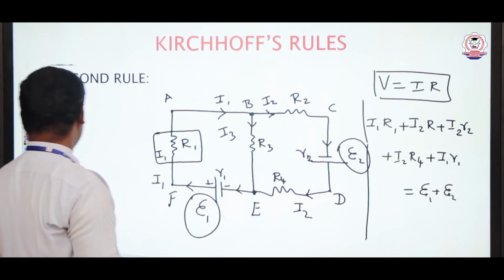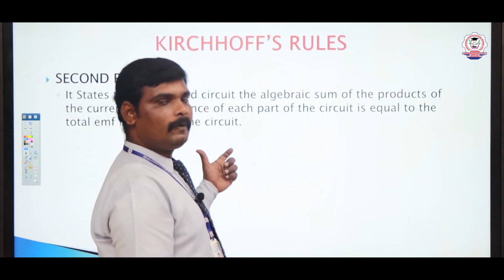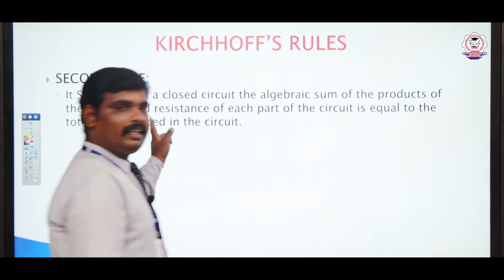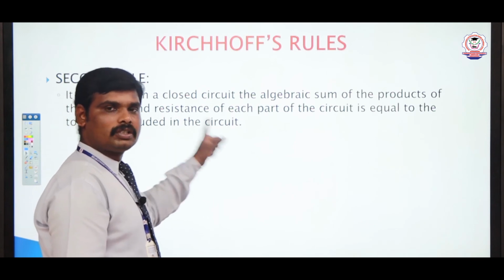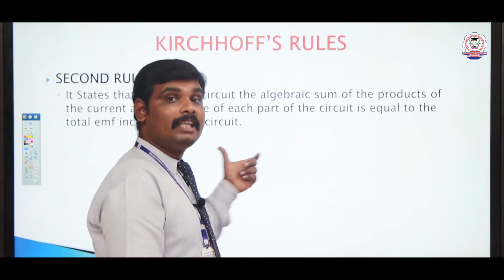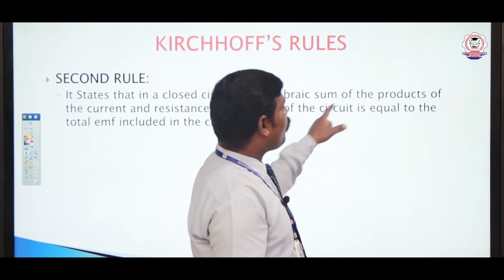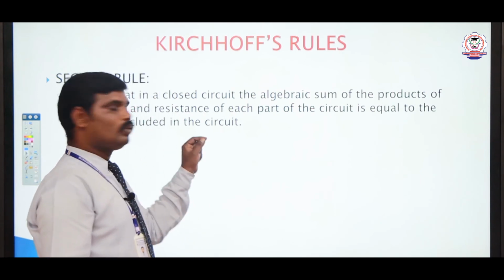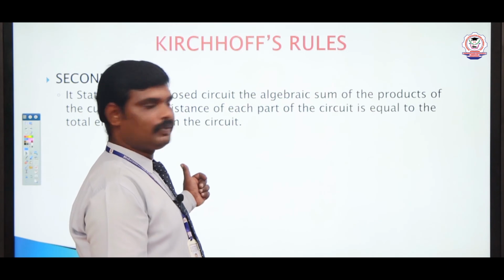The statement of the second rule, also called the voltage rule, states that in a closed electrical circuit, the algebraic sum of the products of electric current and resistance is equal to the algebraic sum of the EMFs.